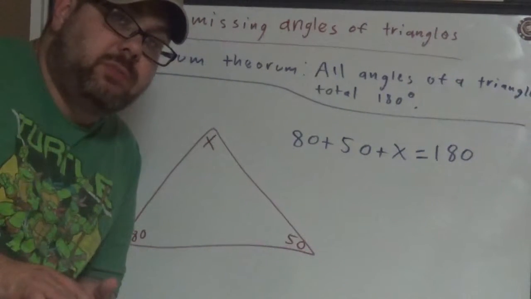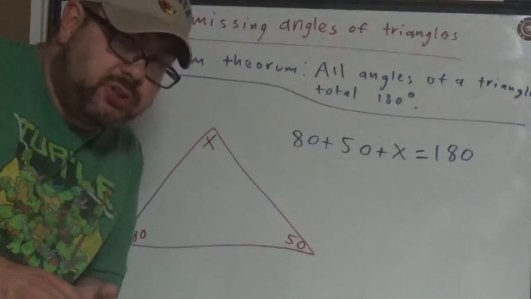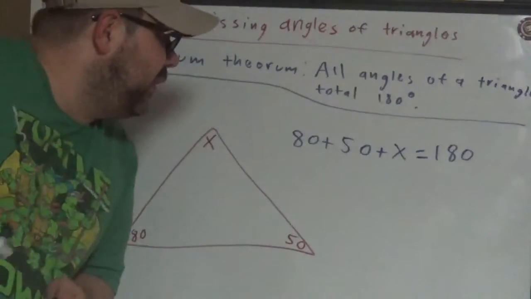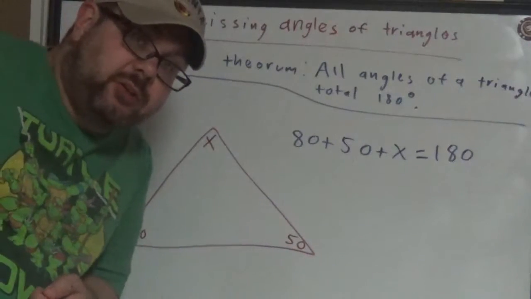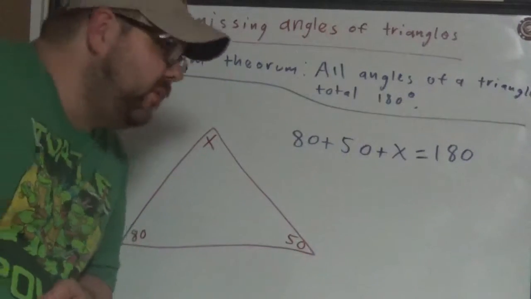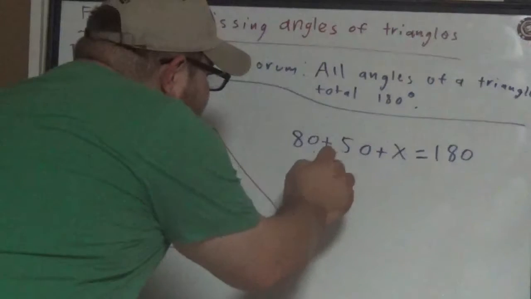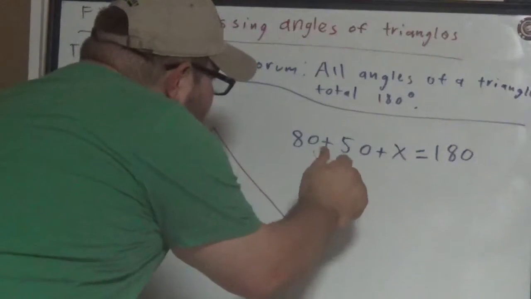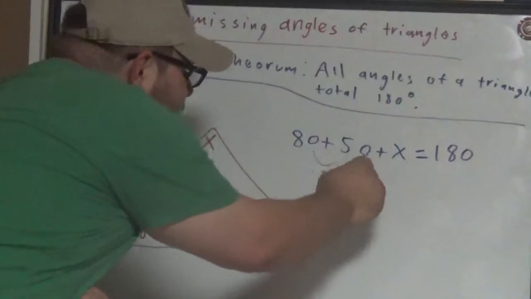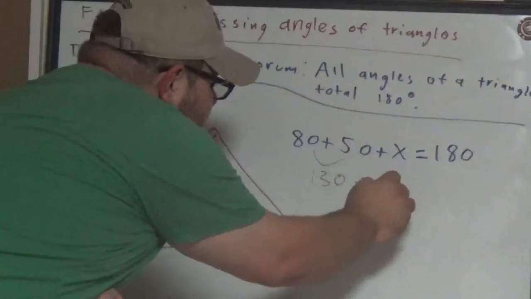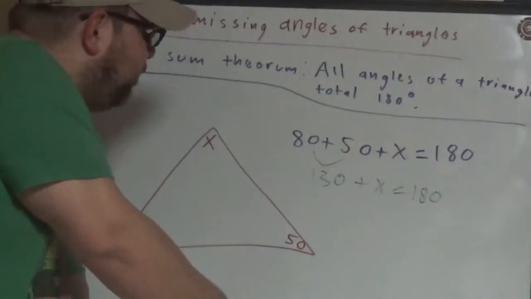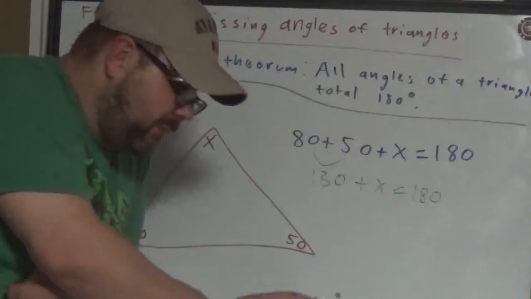Now it's a really simple solving equations problem. So we can combine like terms. 80 plus 50 is 130, plus x equals 180. Now it's a one-step equation.